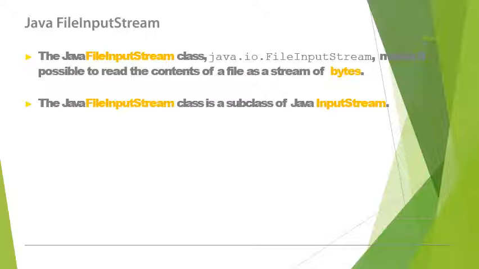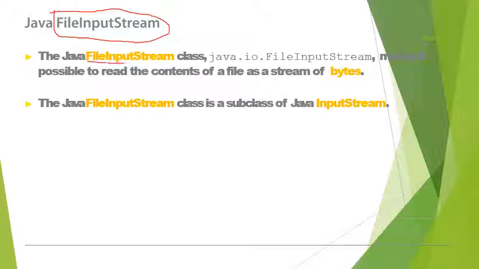Now we have seen the InputStream classes and OutputStream classes. In the InputStream classes, we have FileInputStream. We have already told that in InputStream classes, we can read data from a source. If that source is a file, we are reading data from the file.